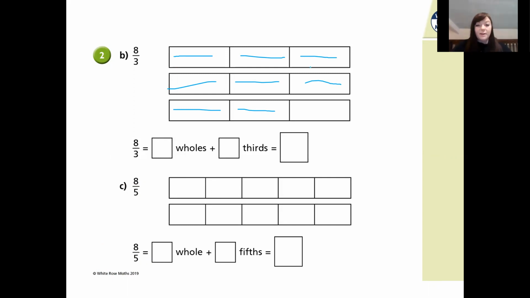So I've got 1 and 2. So 8/3 equals 2 wholes. And then how many thirds are left over? 1, 2. 2/3. So here we have 8/3 equals 2 wholes plus 2/3. You've got 2 and 2/3.